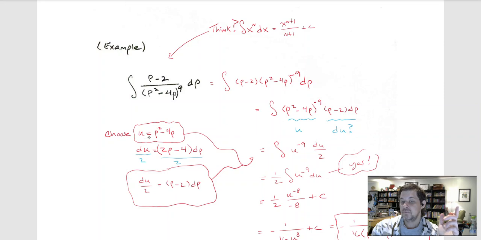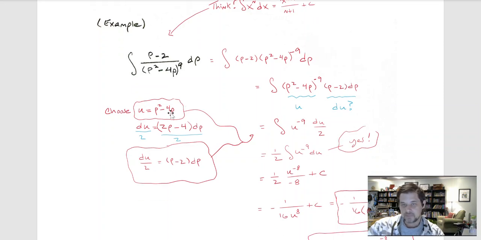For me to choose u to be p squared minus 4p, that makes this part u. What are we going to do with the rest of it, though? Okay, well, look what happens if you take the derivative. You take the derivative of this to substitute the differential, you get 2p minus 4. Now, that's not exactly this other thing that's left over, but all you have to do to make it be that other thing is divide by 2. And then that allows the substitution to be complete.